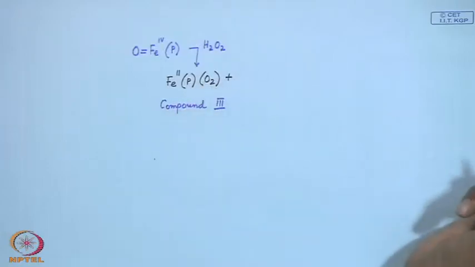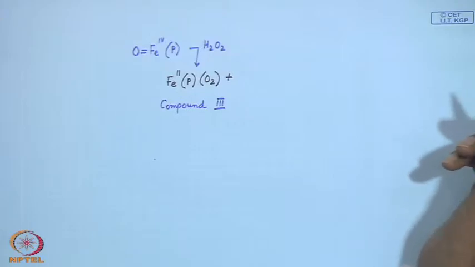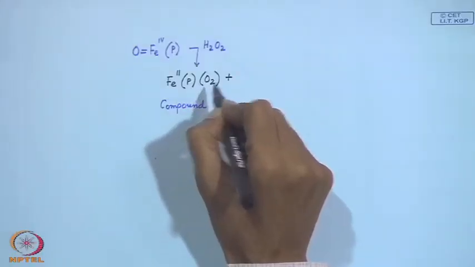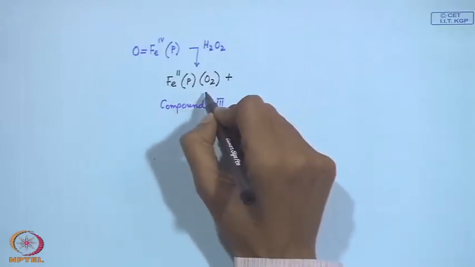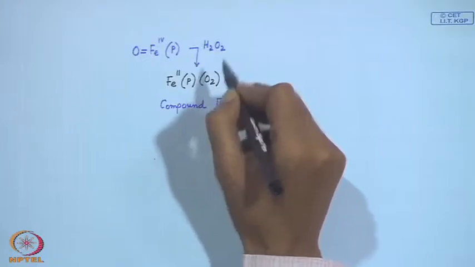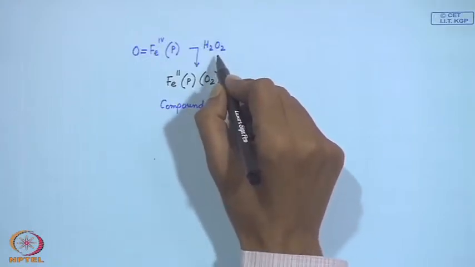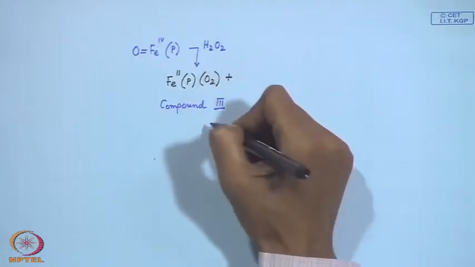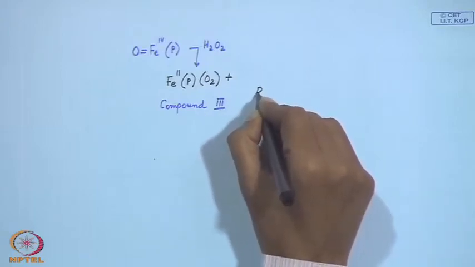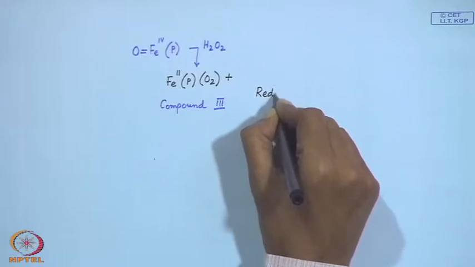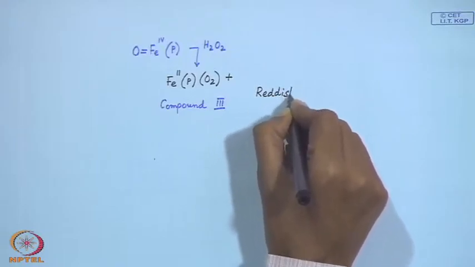we are utilizing our well known knowledge of hemoglobin and myoglobin oxyform. So, iron is going down to Fe2 now and it is bound to a dioxygen molecule. So, not only forming this ferryl species, you can generate the dioxygen molecule there with the reaction of a second molecule of hydrogen peroxide, which gives rise to the generation of compound 3, which is reddish in color.